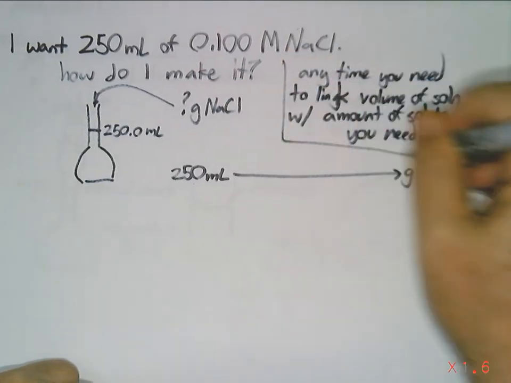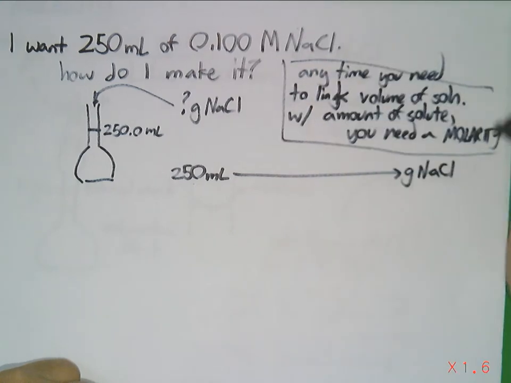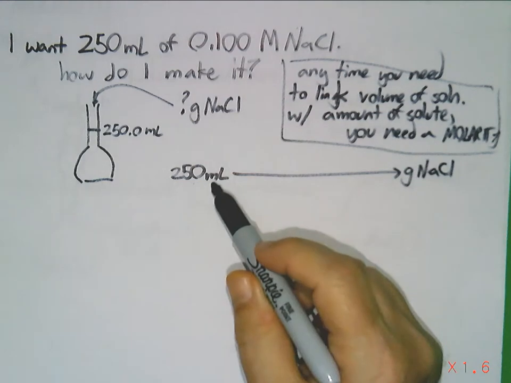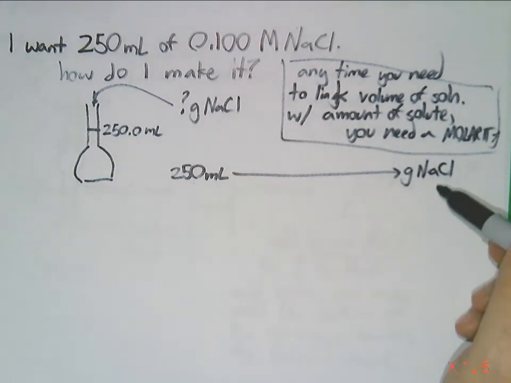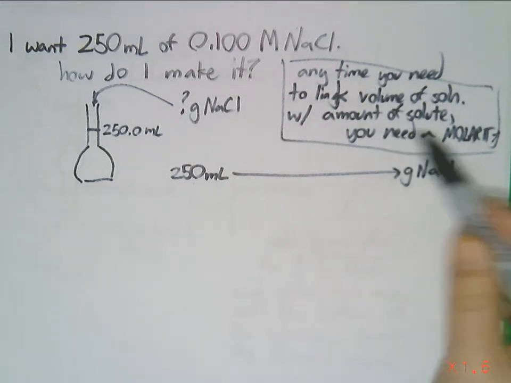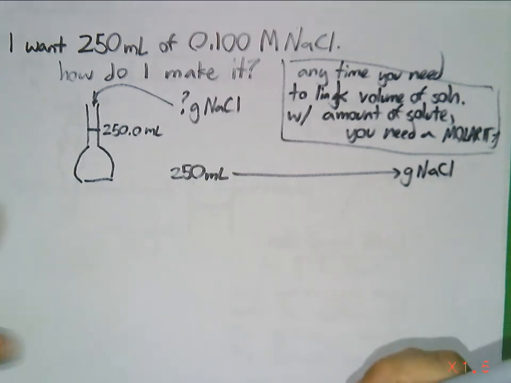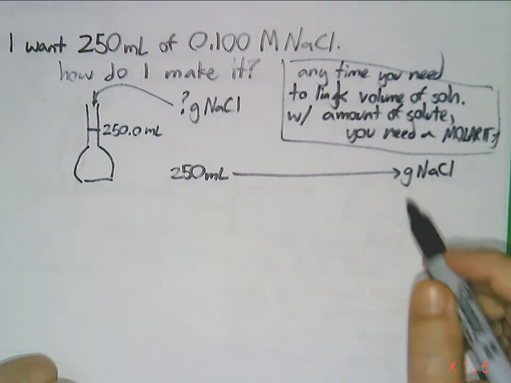Let's put a box around this. This is a particularly important concept here, that when you're making a roadmap to convert a volume of solution into an amount of solute, you're going to need this as your critical link in the conversion. Now that's a critical link, so I can drop it in the middle.